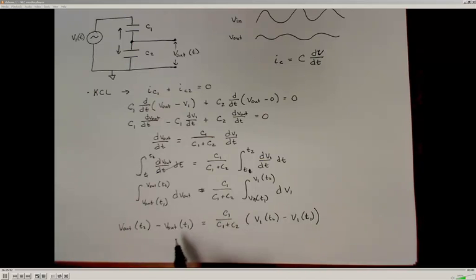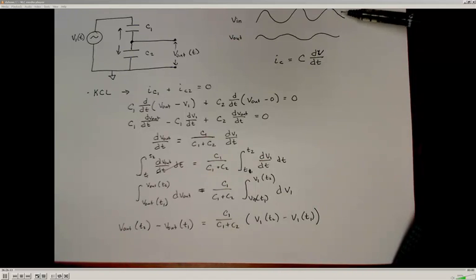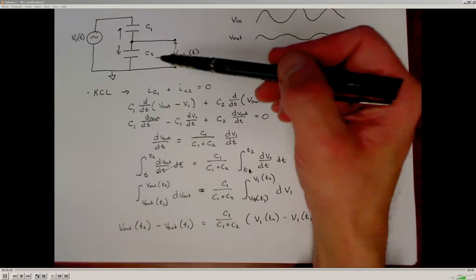So we would like these terms to go away, and then if they're both 0 at some initial time, if we always reference that time, when the output voltage and the input voltage are 0 initially, as long as that's the case, then our output voltage is just going to be this scaled value of the input voltage. So that means that if I put a sine wave of a large amplitude in, I can divide that down and make it a smaller amplitude sine wave at the output voltage right here.